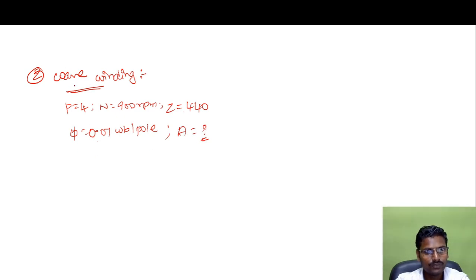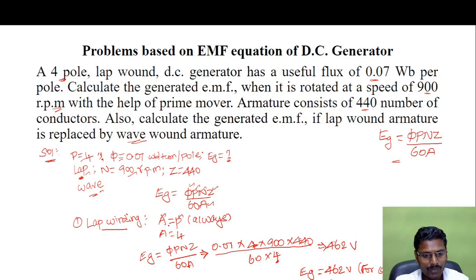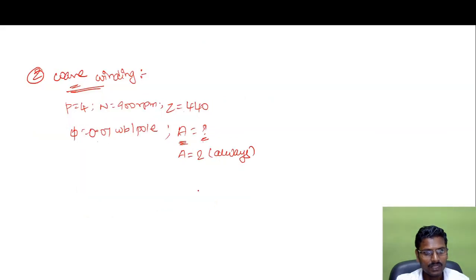If it is wave winding, the number of parallel paths A is always equal to 2. In the previous case, for lap winding, A is equal to P, the total number of poles. In wave winding, A is always 2, irrespective of the number of poles.